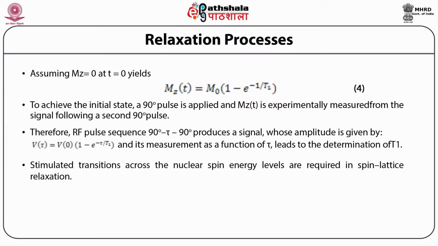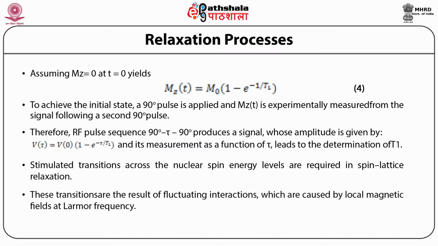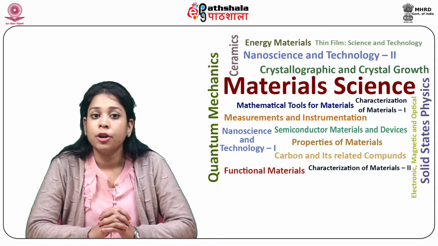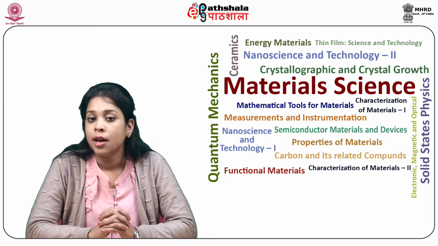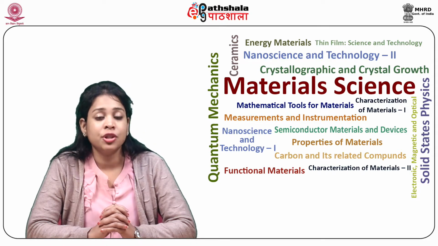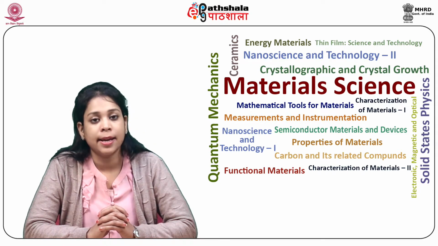So the stimulated transitions across the nuclear spin energy levels are required in spin lattice relaxation. These transitions are the result of fluctuating interactions caused by local magnetic fields at the Larmor frequency. An alternate equilibrium condition for nuclear magnetization requires a zero transverse magnetization, represented by Mxy.